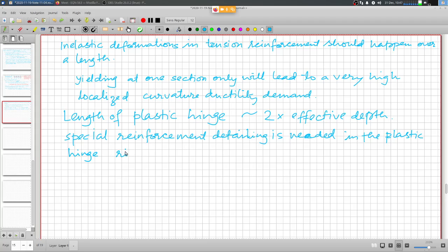And when I say plastic hinge region, special reinforcement detailing is required. It doesn't limit itself to not only confining steel, confining or transverse steel.